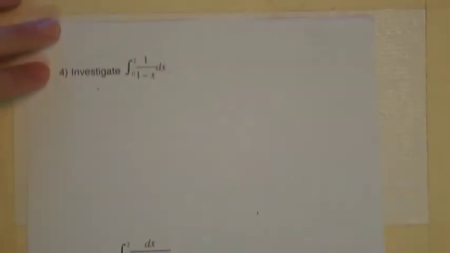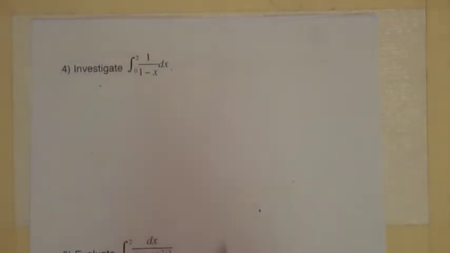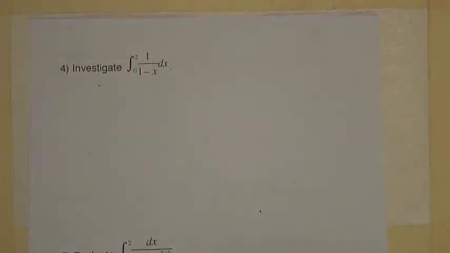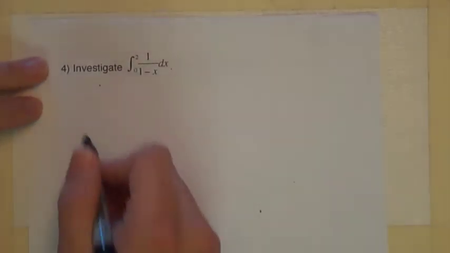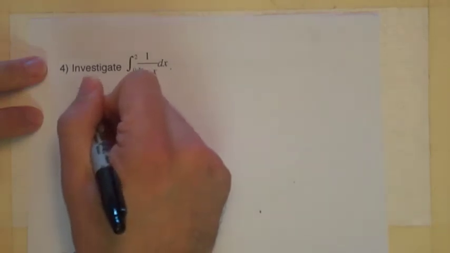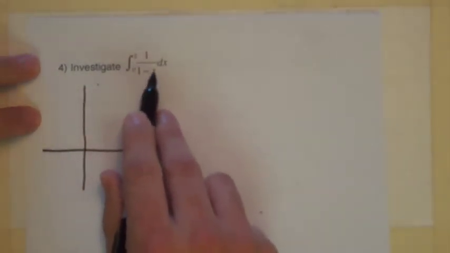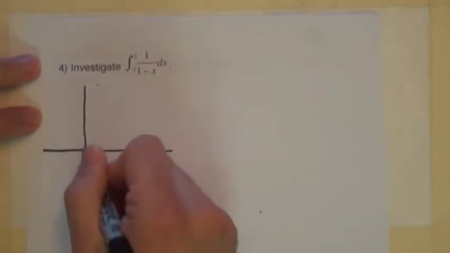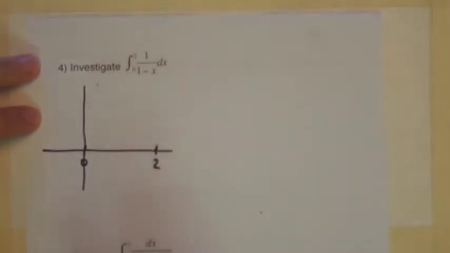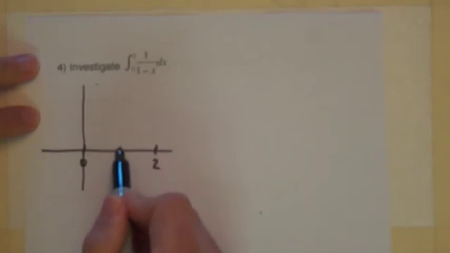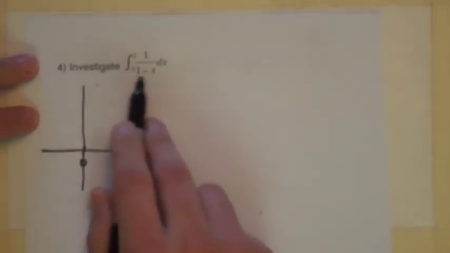Let's do an example where we won't get a finite area. Investigate this thing. Let's draw the picture. Notice the interval goes from 0 to 2, but in the middle there, at x equals 1, this function is not defined.